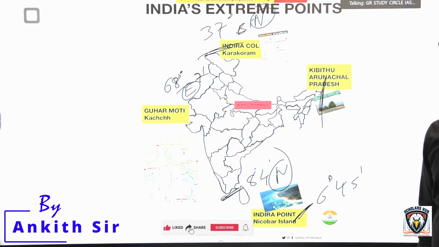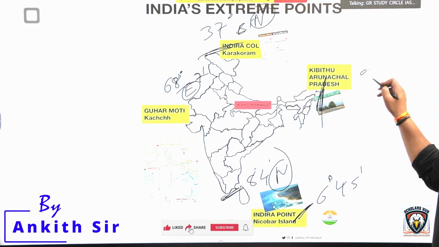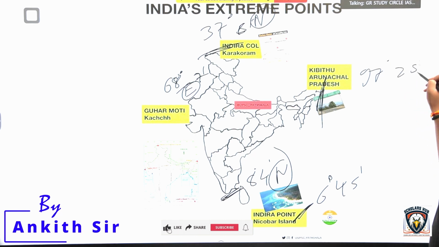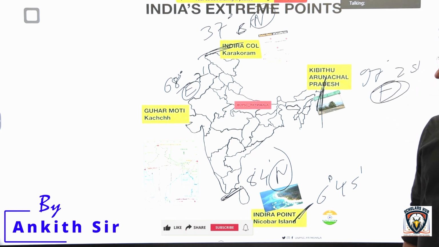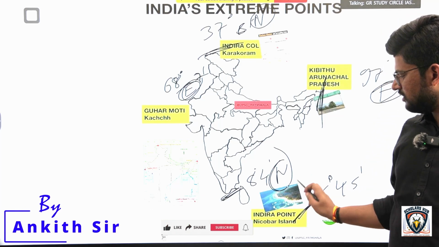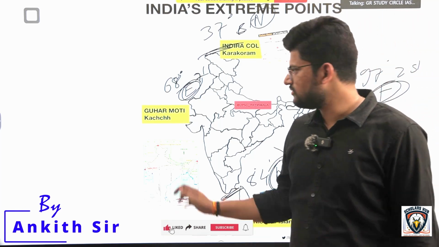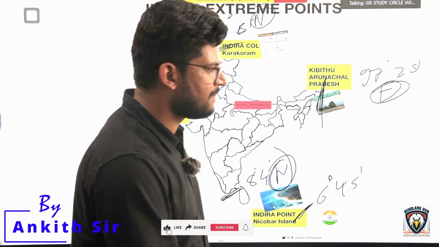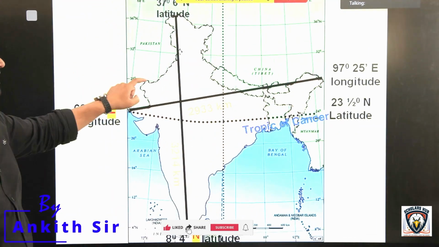The longitude passing through India is always east, and here 97 degrees 25 minutes east. Even if it is west or south, don't write west or south. You have to indicate N for latitudes and E for longitudes. Clear? Coming to the time zone of India.